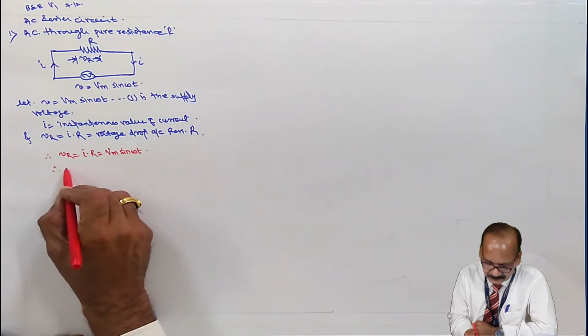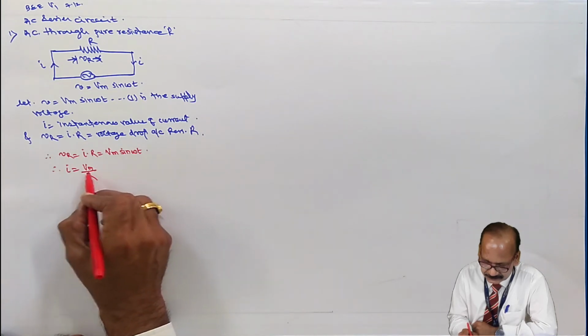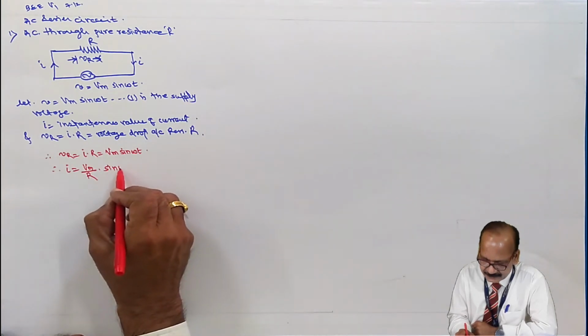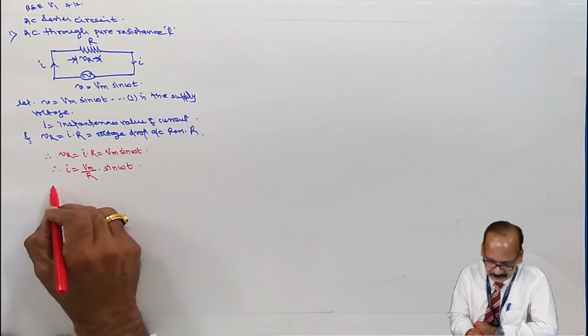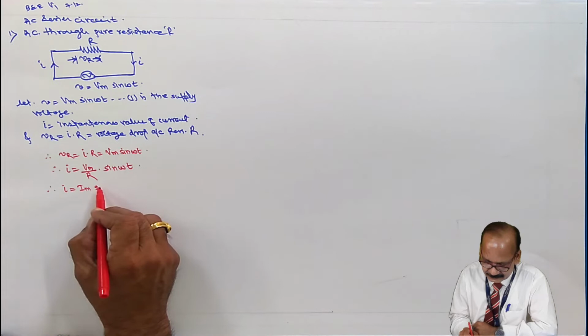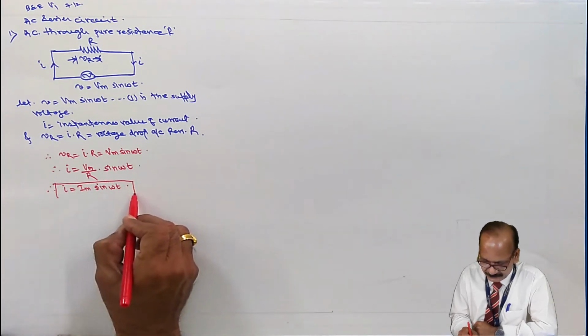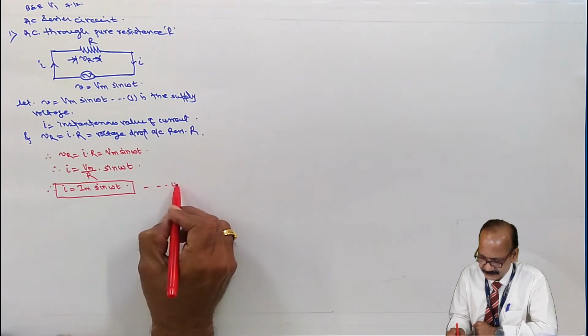And therefore, small i equal to V max upon R sin omega t, that is i equal to I max sin omega t. So this is the expression for current. This is equation 2.